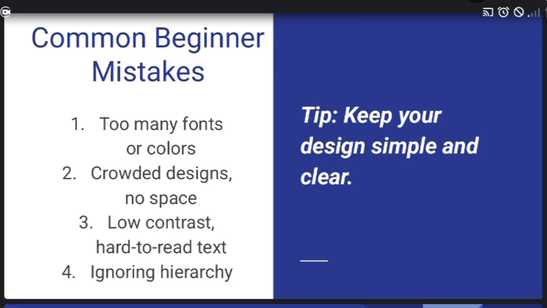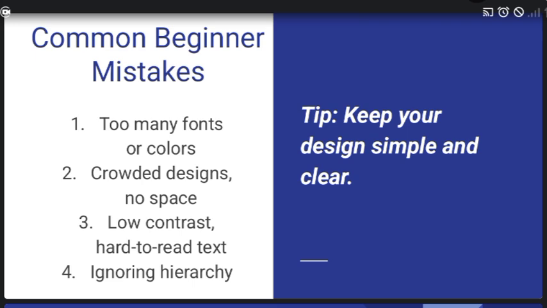Now, the number 3 mistake is low contrast, hard to read text. That is also one common mistake, which I also made. Don't reduce your text so small that it will be difficult to read. Also, what will make your text not readable at times is the color combination. When you have a light color as a background, the text should no longer be light. The text should be more dark.